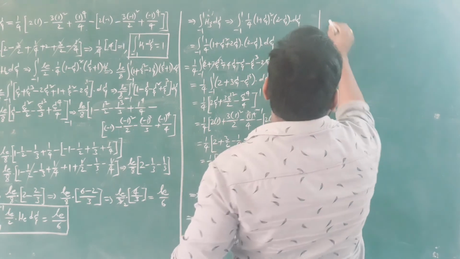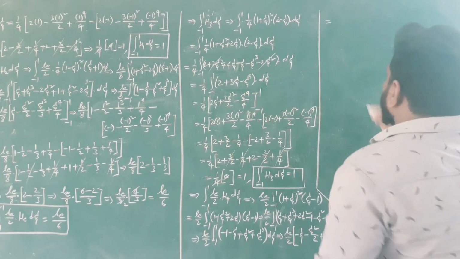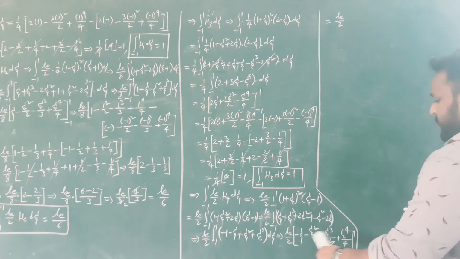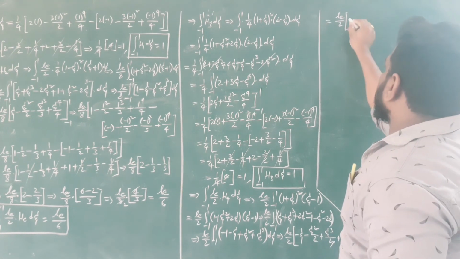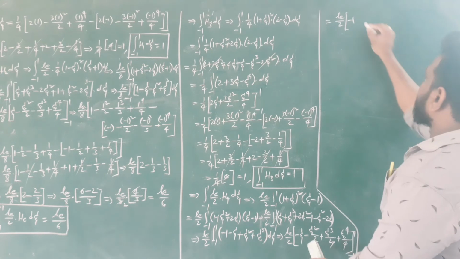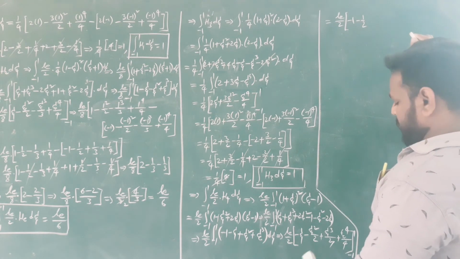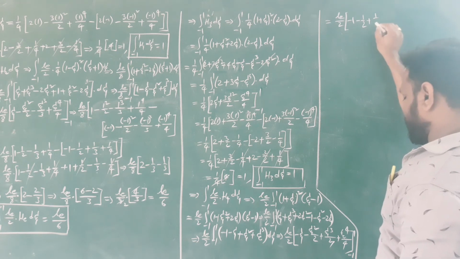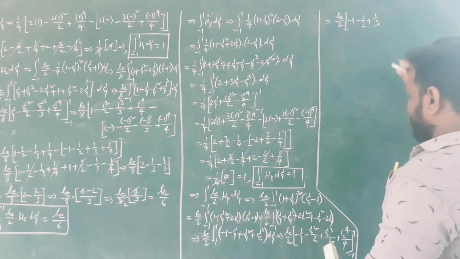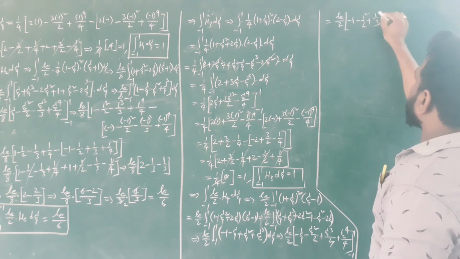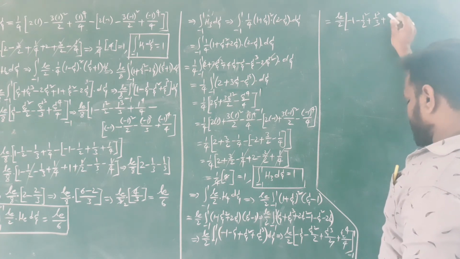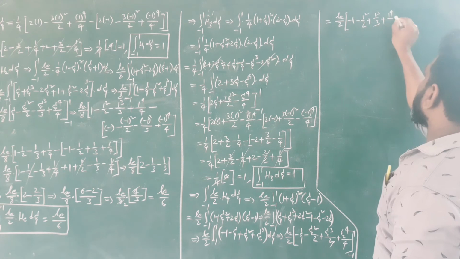So upper limit: le by 2, apply the upper limit, that is minus 1, minus 1 by 2, here plus 1 by 3, that is 1 cube, plus 1 power 4 by 4.